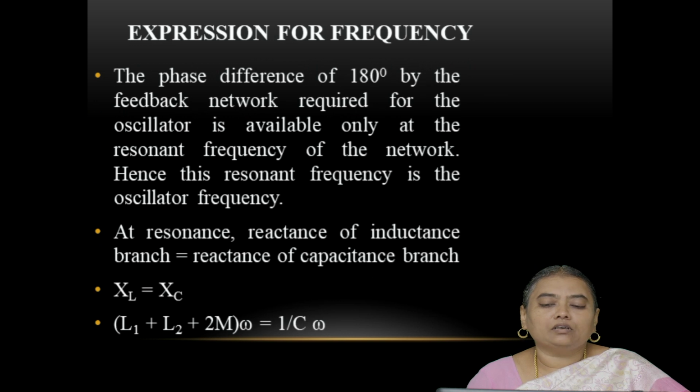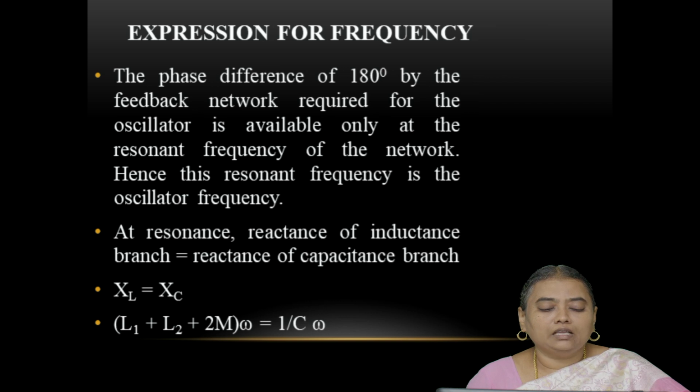The phase difference of 180 degrees by the feedback network required for the oscillator is available only at the resonant frequency of the network. Hence, this resonant frequency is the oscillator frequency. At resonance, reactance of the inductance branch must be equal to the reactance of the capacitor branch. So, XL is equal to XC.